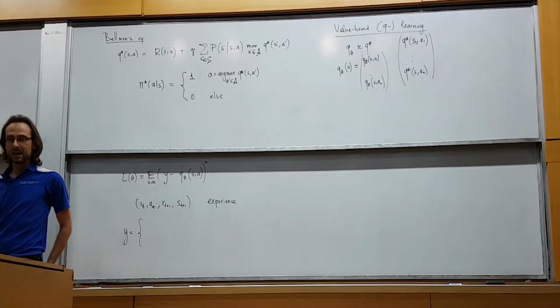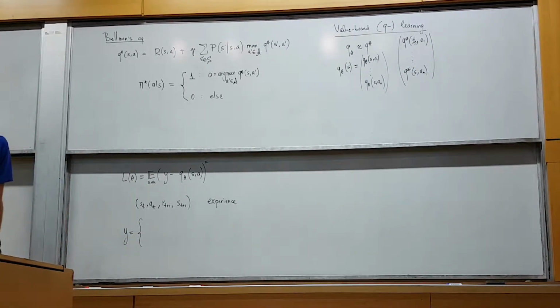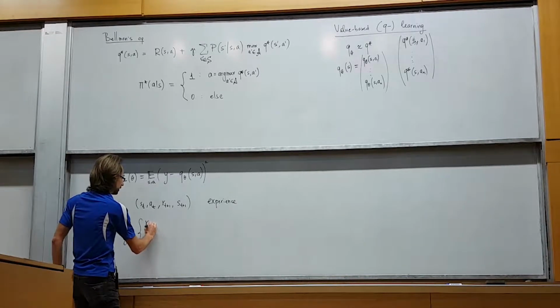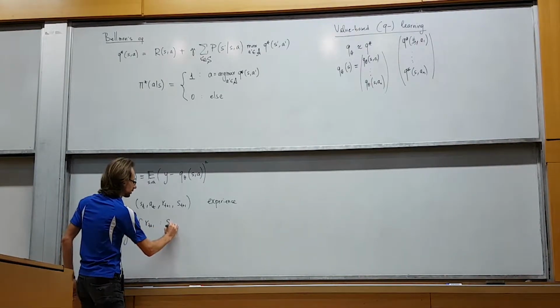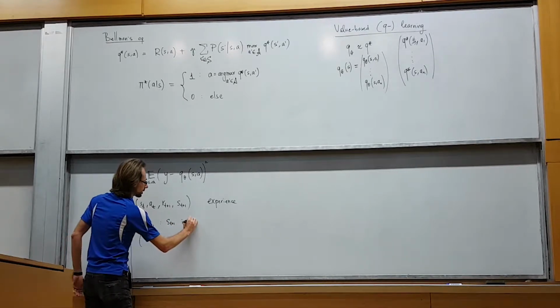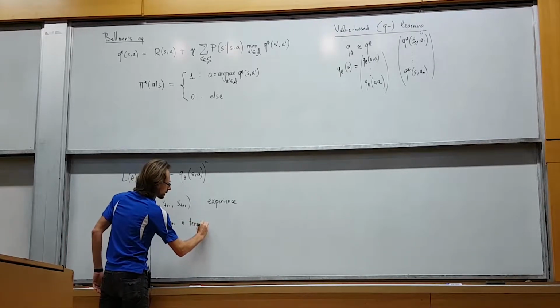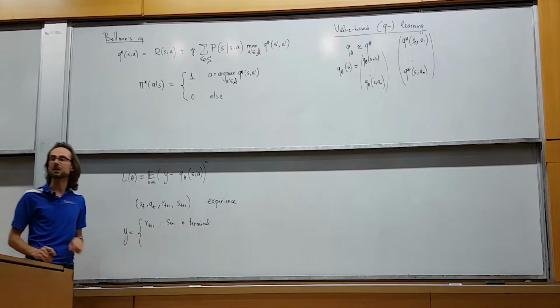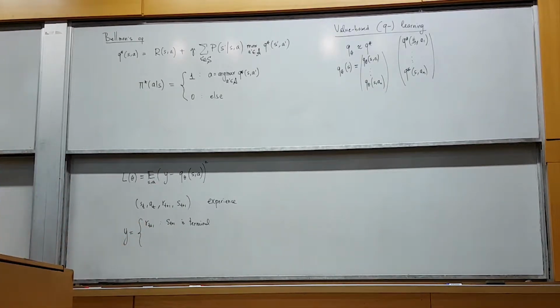If I landed at a terminal state, basically I'm done. So the reward I'm going to get for this move is exactly R_{t+1} if S_{t+1} is terminal. The game is over, and this is the reward I received for making this move.